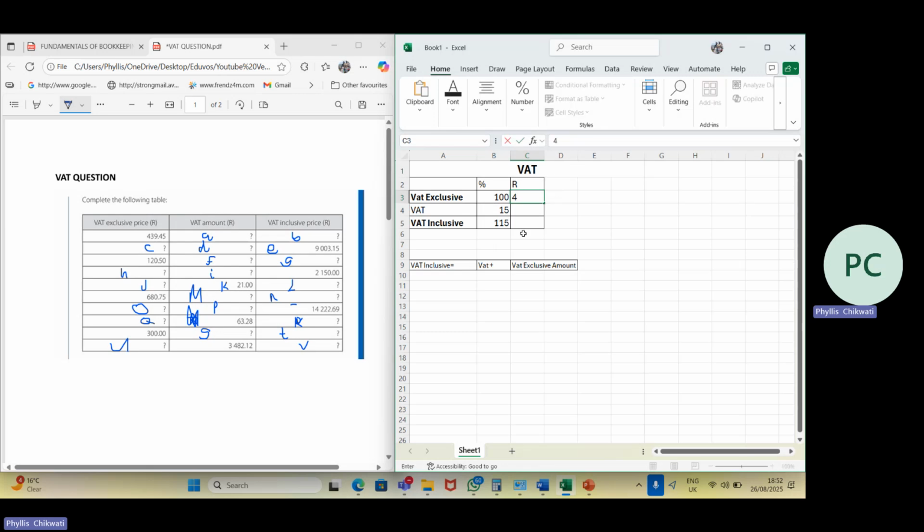My VAT exclusive amount is given as 439.45. The VAT inclusive amount we don't know, and the VAT portion we also don't know. So we need to determine these two missing figures, A and B. Okay, I'm going to write my A here.